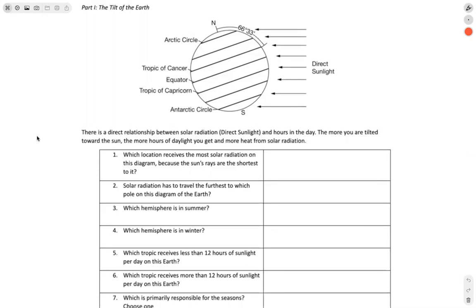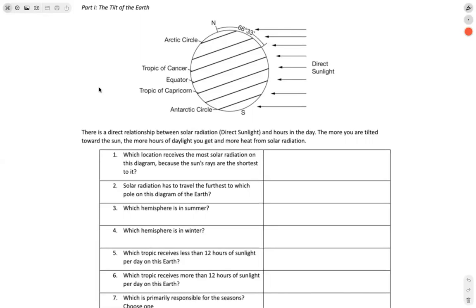Does anybody still need another minute? Sounds like we are ready to go. So I'm going to jump around on a few different numbers to talk about, and then after I go through the ones I want to talk about, I'll let you go back and fill in the others.